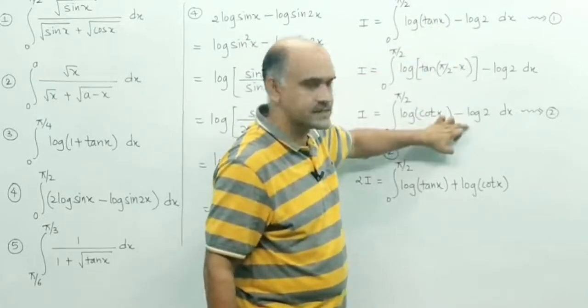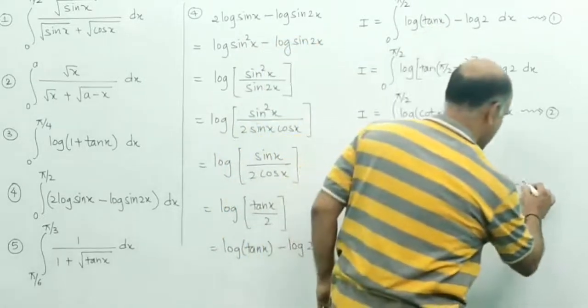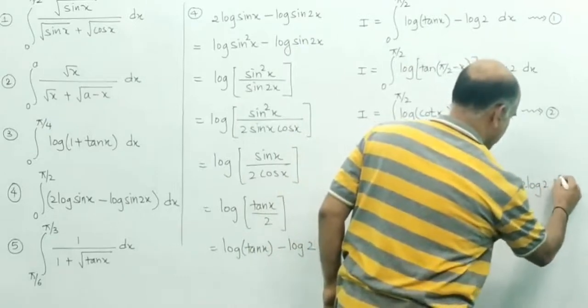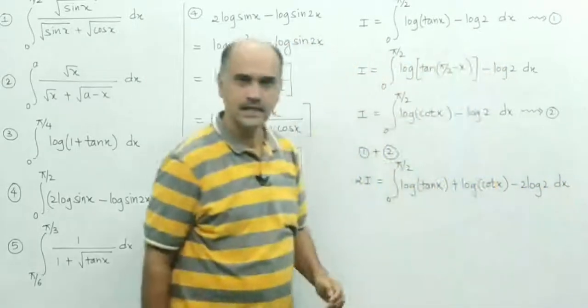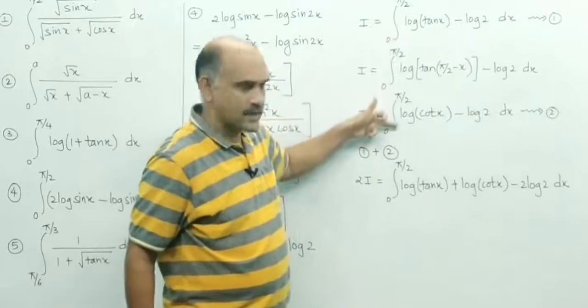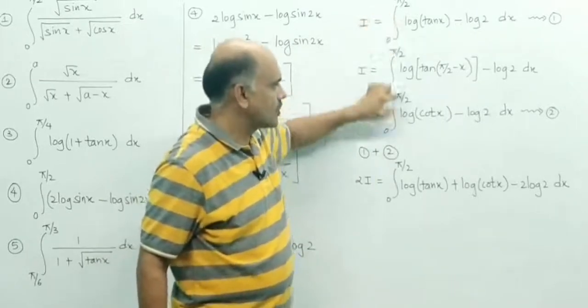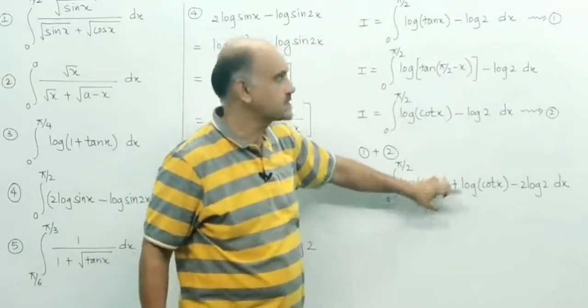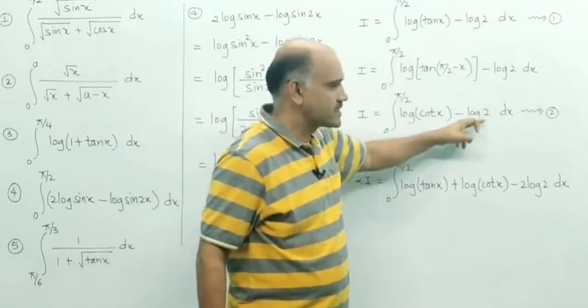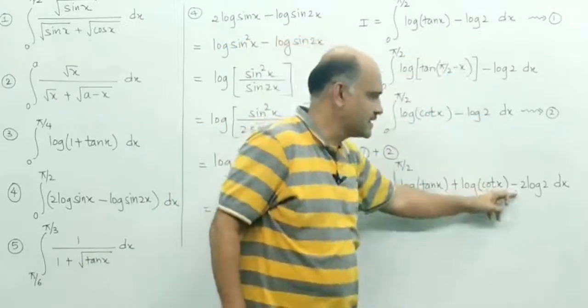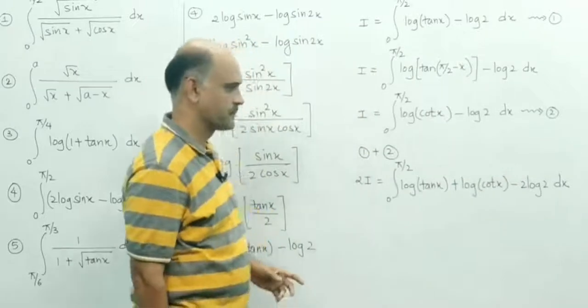If you add these both, it is minus 2 log 2 dx. Is it clear? So if you add, log of tan x plus log of cot x minus log 2 minus log 2, it becomes minus 2 log 2.